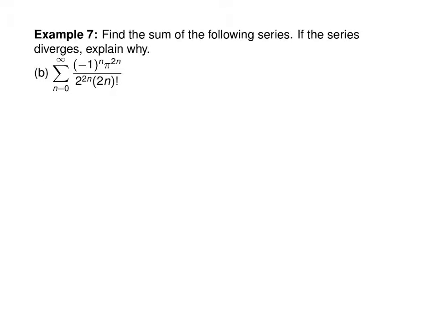Here's another one. So you see the negative 1 to the n and the 2n factorial, and you should think cosine. Cosine's Maclaurin series is the sum from n equals 0 to infinity, negative 1 to the n x to the 2n over 2n factorial. And notice how there's a pi to the 2n and a 2 to the 2n.